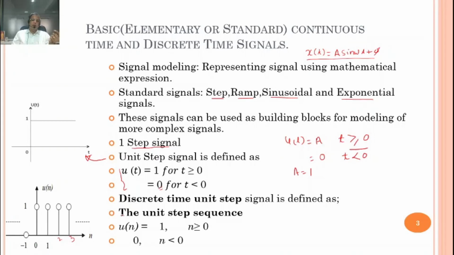Here, in the mathematical equation for the discrete time unit step signal, the signal is 1 for n equal to 1, 2, 3 up to infinity, meaning for positive values of n. And for negative values of n, the signal amplitude becomes 0. So we can say that the unit step signal occurs only for positive values of t or positive values of n.